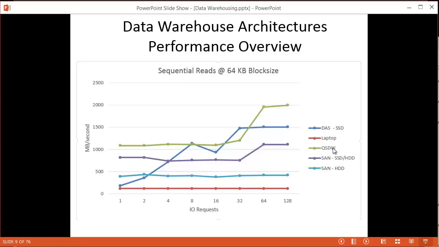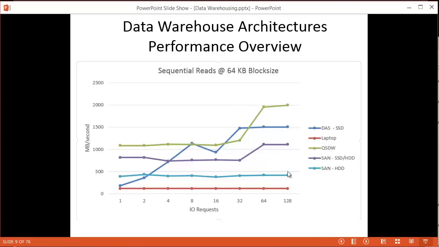Because this Quick Start data warehouse is only a small fraction of the cost of these SAN solutions. These SAN solutions, particularly the tier 1, are probably at least 5 to 6 times more expensive than the Quick Start data warehouse solution. And so making sure that you get the most performance for your cost is very important.